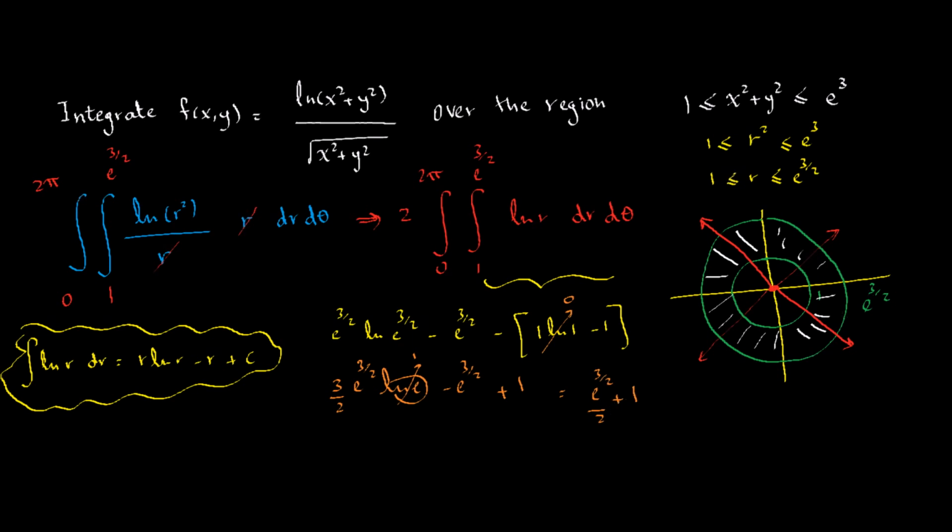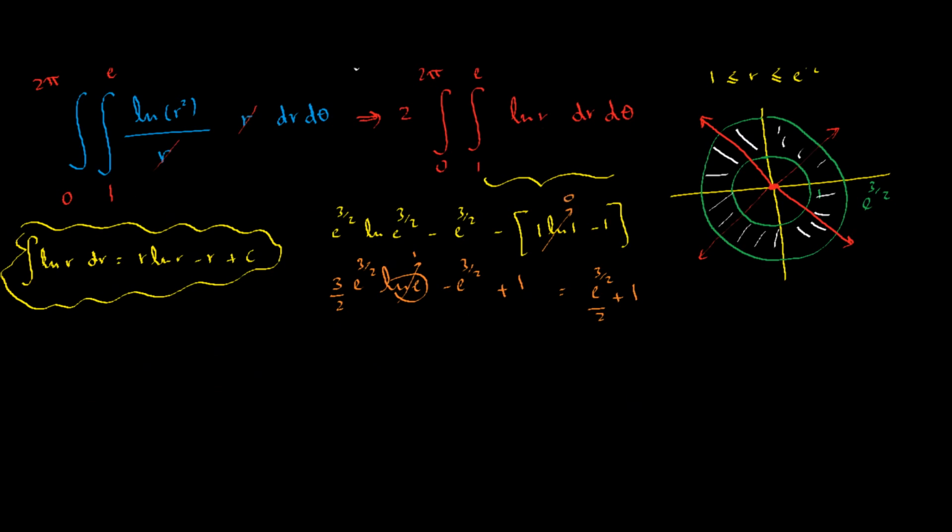So now let's proceed. Now we're integrating this over here, e to the power 3 over 2 divided by 2, plus 1, with respect to theta. Remember, we had the 2 outside, and we're integrating from 0 to 2 pi. Since we don't have theta anywhere here in the function, this could all be considered as a constant.